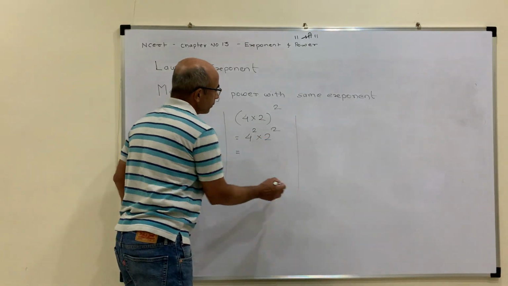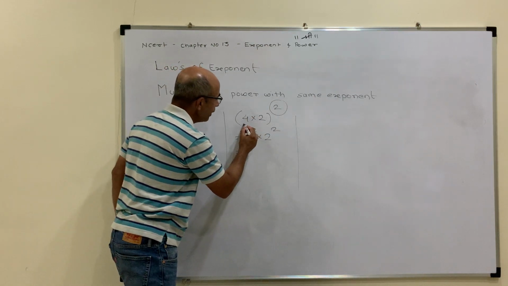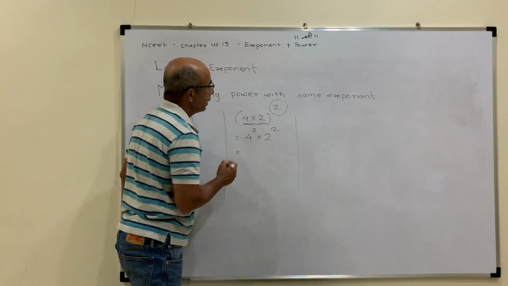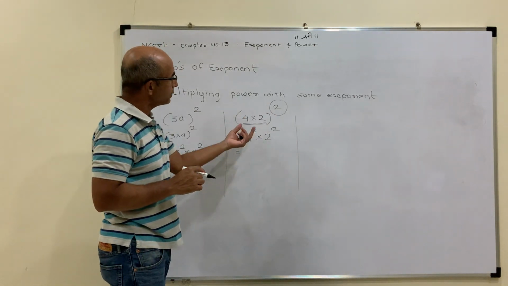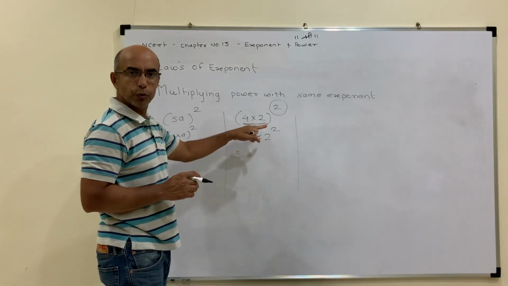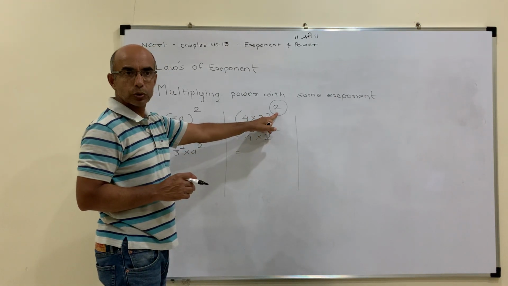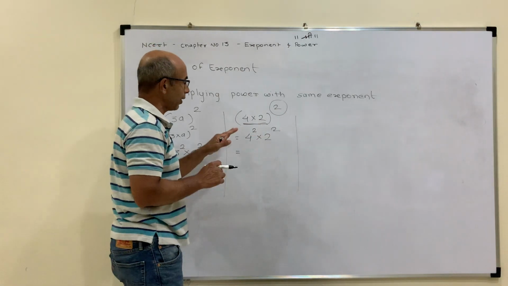Now let's consider, this is the exponent and 4 into 2 is my base. Whenever there is an exponent, what I am doing is multiplying the base to itself that many times. My base is 4 into 2. My exponent is 2. So I am going to multiply this base to itself twice.